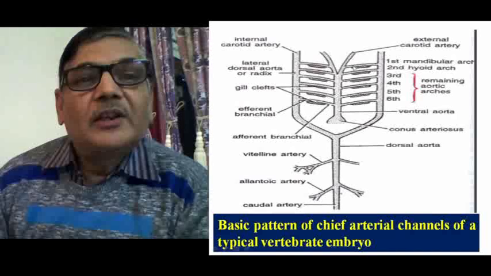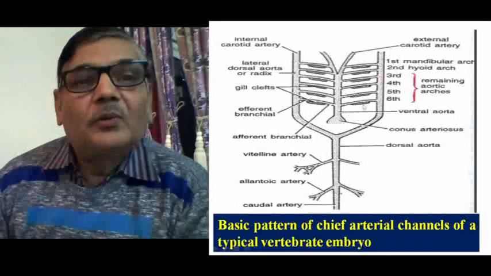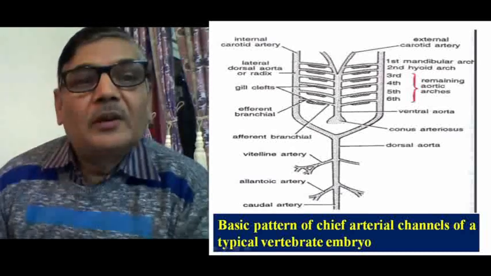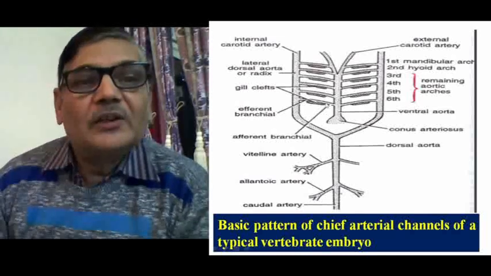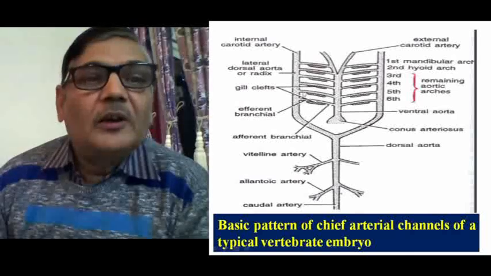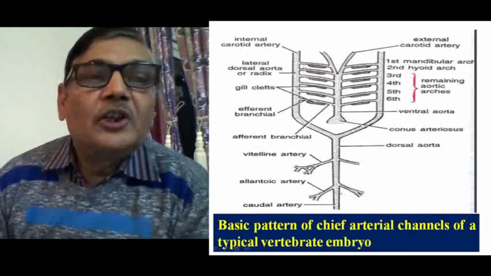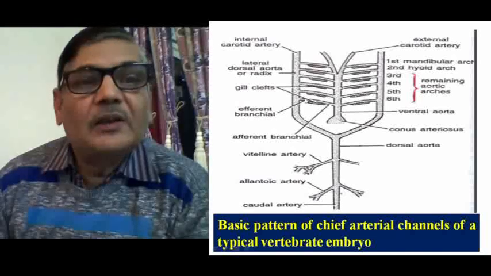So we find that in the embryonic stage of vertebrates, particularly the lower vertebrates, you find exactly this arrangement where the ventral aorta will be giving rise on either side to the afferent branchial arteries, which actually continue in the form of efferent branchial arteries.